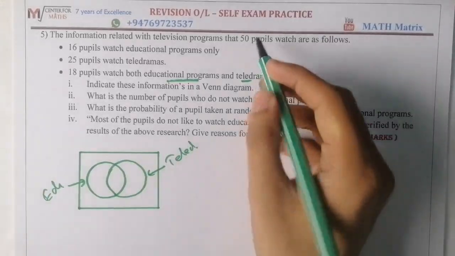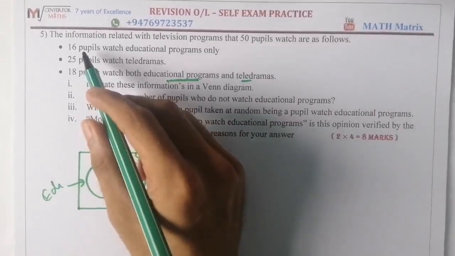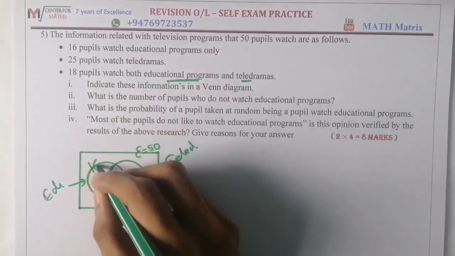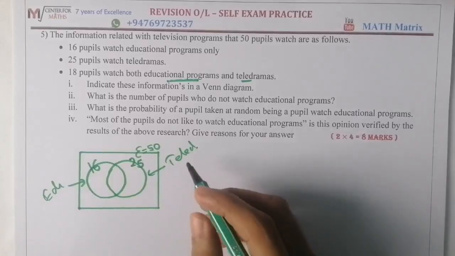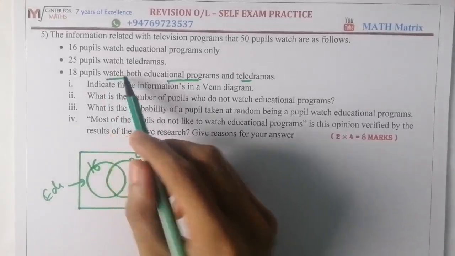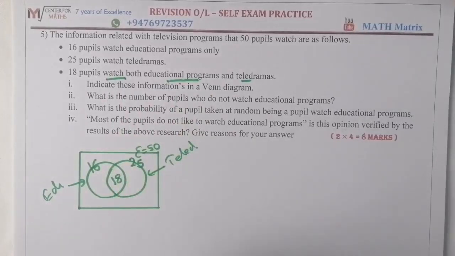And you all can see that they have given the total. The total is 50. And the next one for educational, yes, 16. And the next one, 25 students are watching teledramas, right? And they have given the common for both, 18. So we have to mark that here, right? They didn't use the word 18 only. They have used just for common, right?